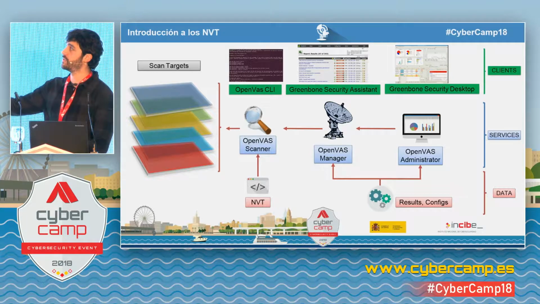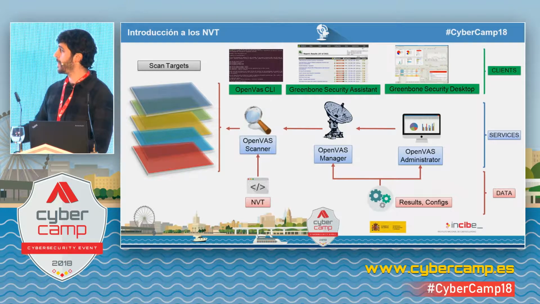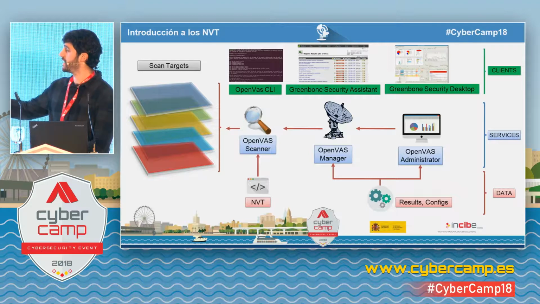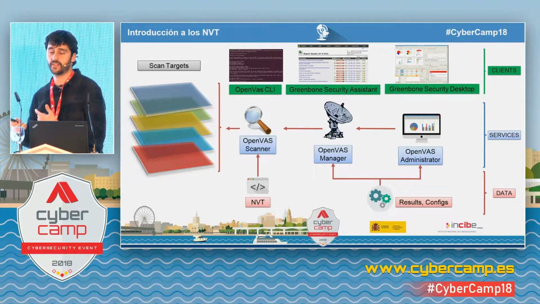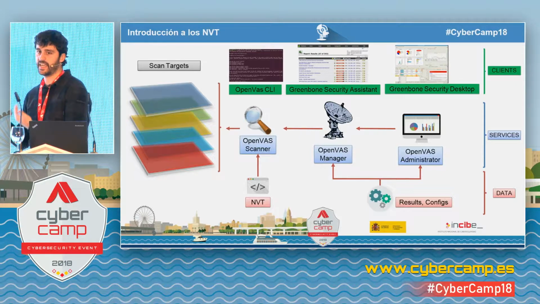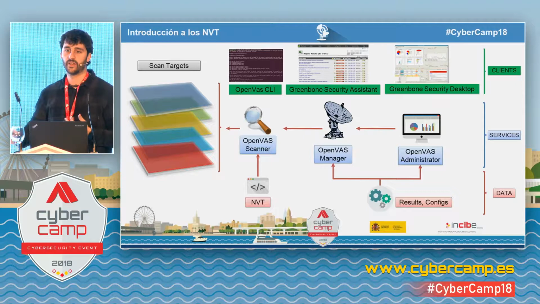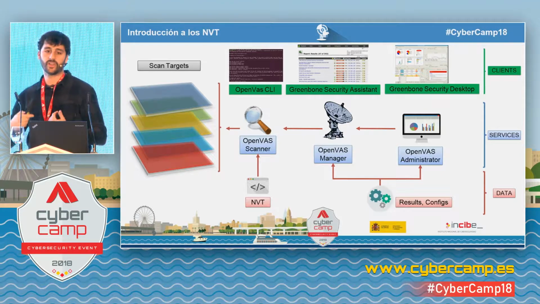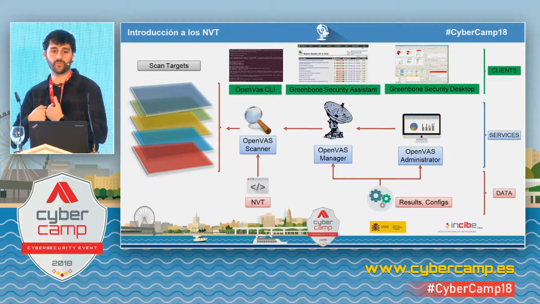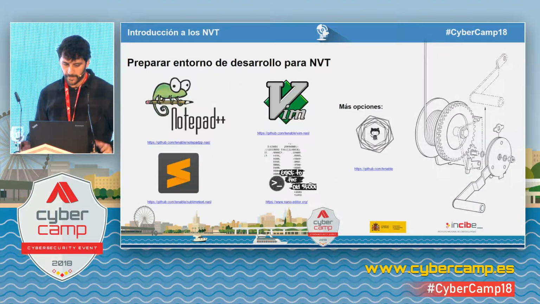We refine them, we fine-tune them, and we set our goals. Results and configurations. Of course, we have the manager and administrator. They share data, and the scanners feed on NVTs, the tests they have to carry out. The NVT tells you what you have to do and how. It's been developed by ourselves or whoever it is. We can use NVTs developed by other people.